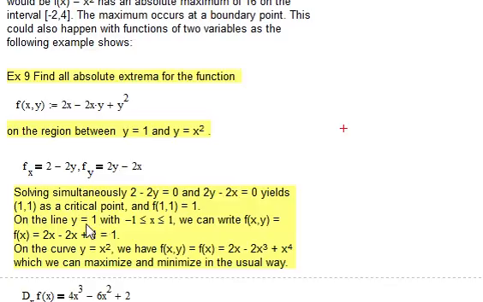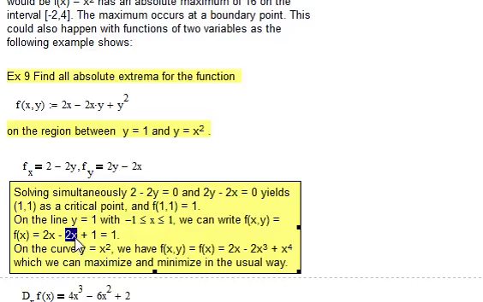So on the line y equals 1, with x between -1 and 1, we can write f of x, y equals f of x equals 2x minus 2x plus 1, and that's 1. Think about why I'm saying that.